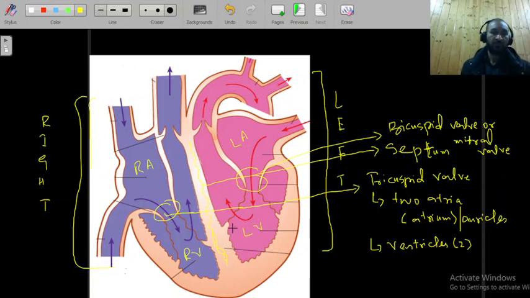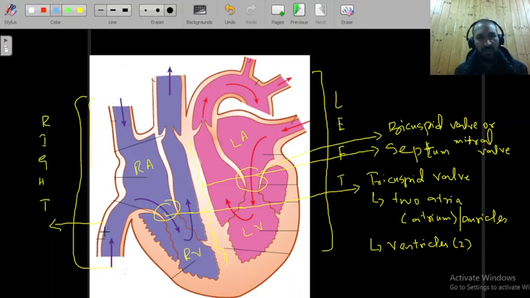Now, the right half of your heart actually receives blood from the whole of your body, the deoxygenated blood. Let me use the blue one.